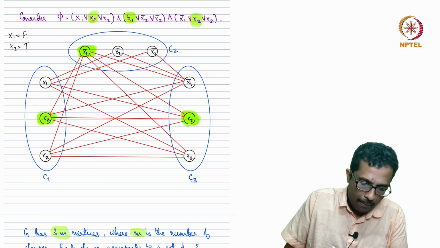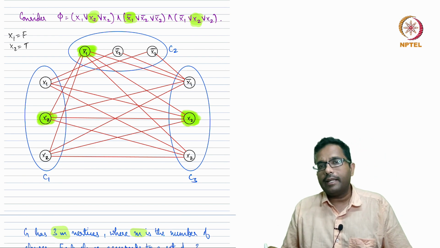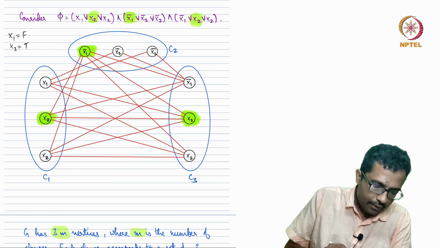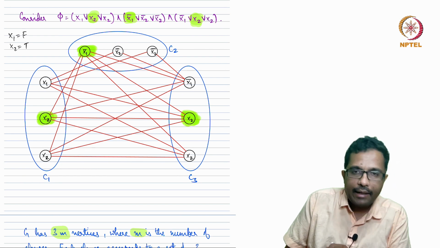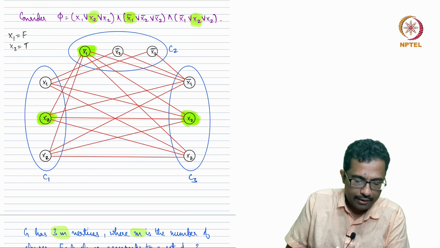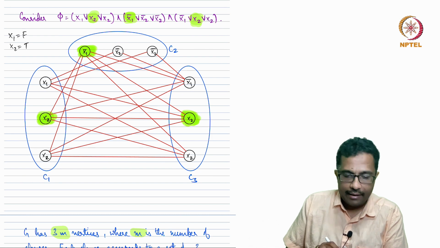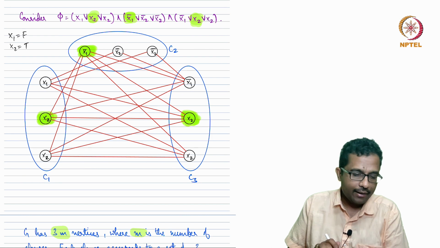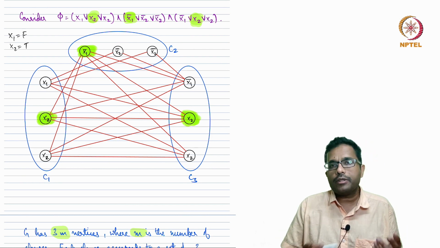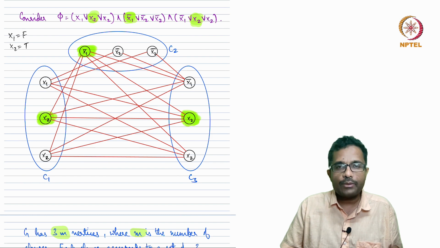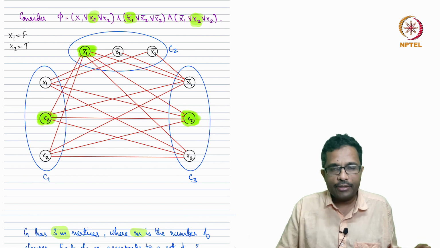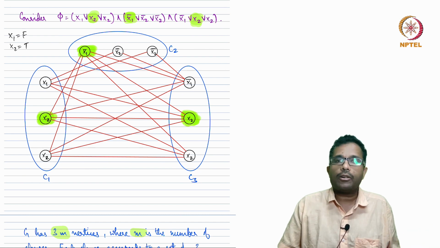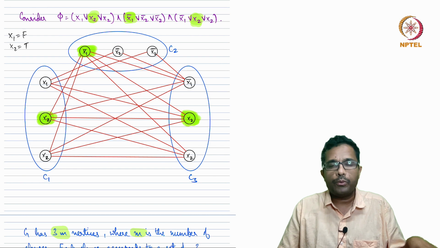So there will be an edge between any pair of vertices here because firstly they are all from separate groups, and secondly we do not have any pair xi and xi complement, because if it was there, then it will be a contradiction to the way we chose these variables, right? So these literals were chosen such that they are all true. So if xi is true, xi complement cannot be true. If xi complement is true, then xi cannot be true, right? So both of them will not be true together.